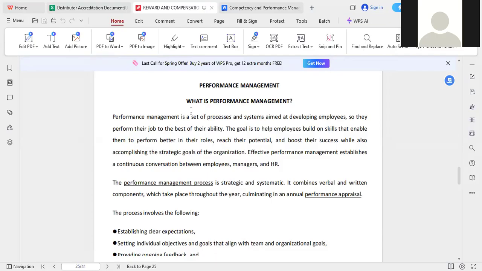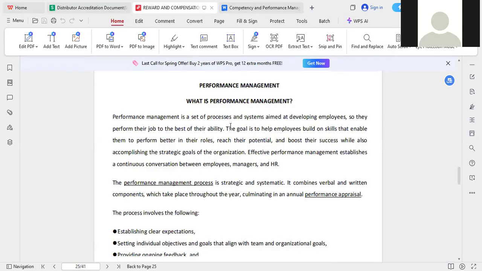The goal is to help employees build on skills that enable them to perform better in their roles and reach their peak on the job.